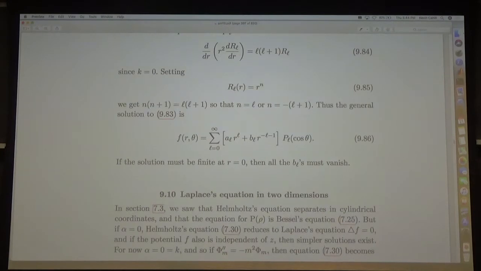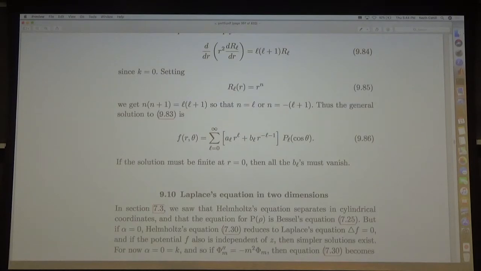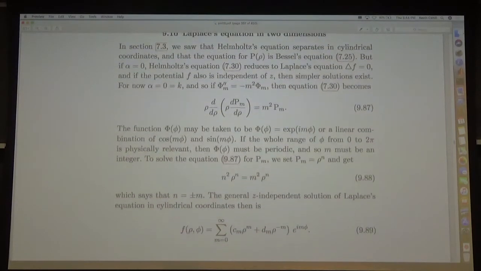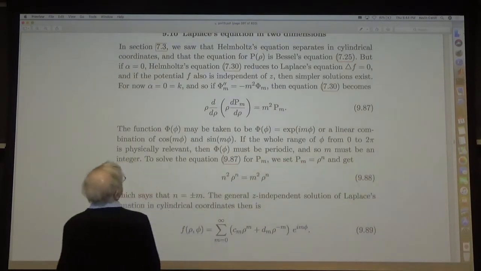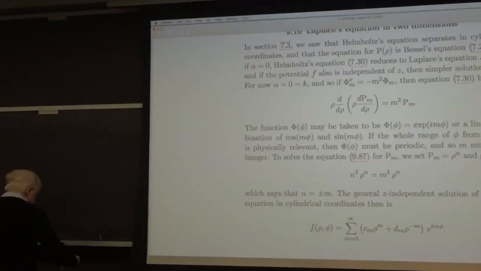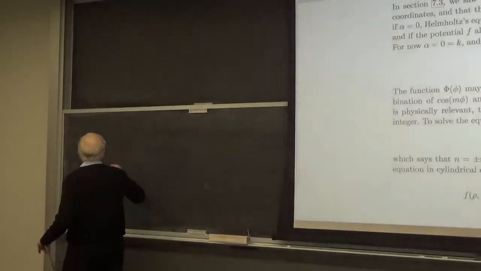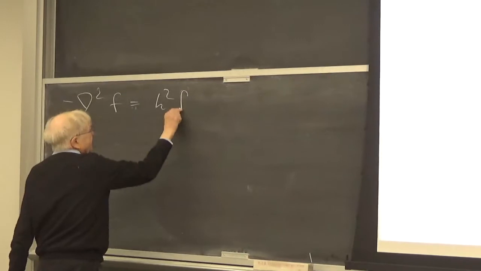what we find is that the Helmholtz equation, I see I don't have the most recent version of my notes on this computer. So let me remind you, what we're talking about here is the Helmholtz equation, and that's minus grad squared f equals k squared f.